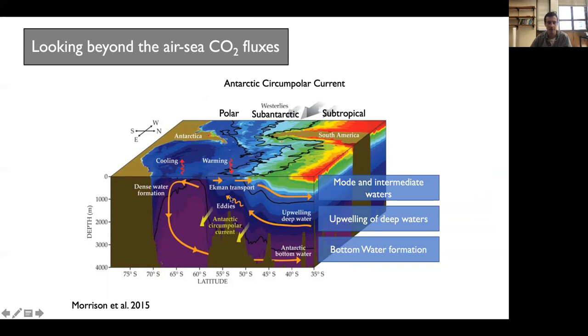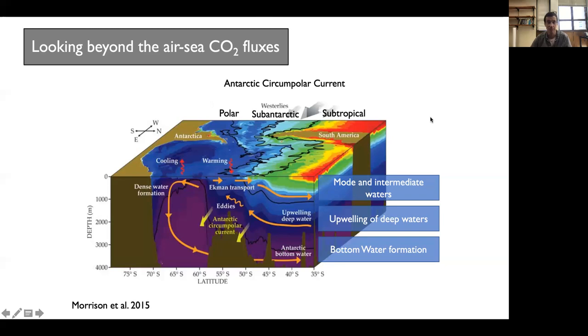You've got upwelling of deep water masses around the ACC, shown here, the polar front, the subantarctic front, subtropical fronts, bottom water formation, and mode and intermediate water formation. There's a lot of physical and biological processes that go into these air-sea CO2 fluxes, and that have lots of other interesting stories unrelated to the air-sea CO2 flux.